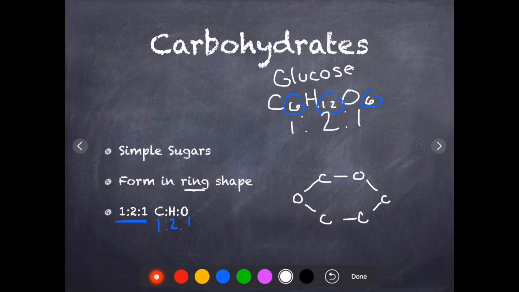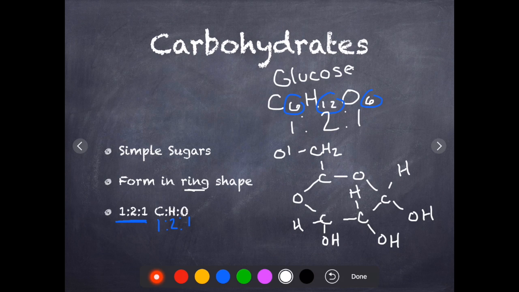Now, off of some of those bonds, again, we have hydrogens, OH groups. Same thing here, hydrogen, OH group. Same thing here, hydrogen, OH group. But off one of these carbons, we have our functional group. And in this case, we have a CH2 and an OH. Now, this functional group right here is what gives it its characteristics.